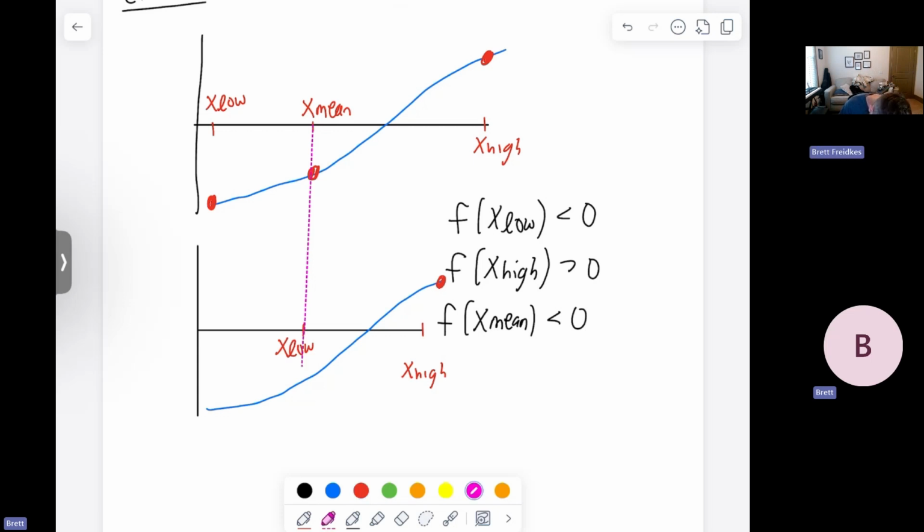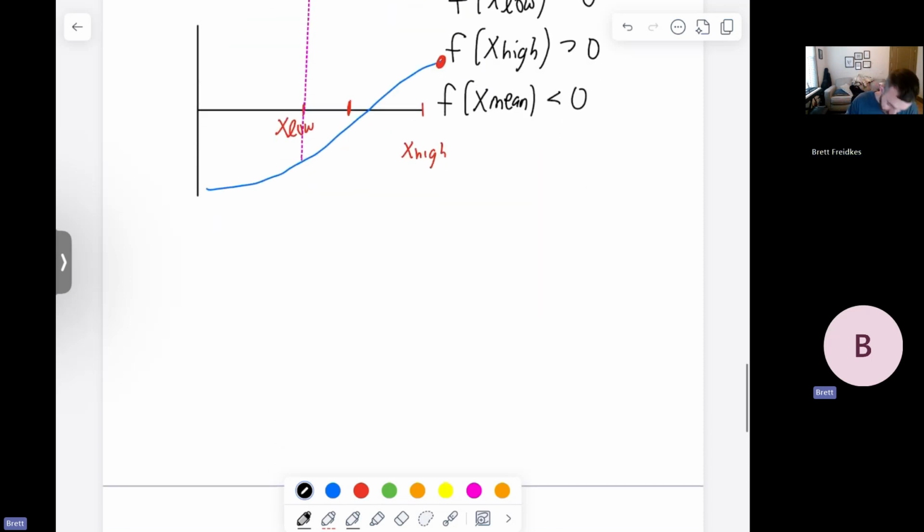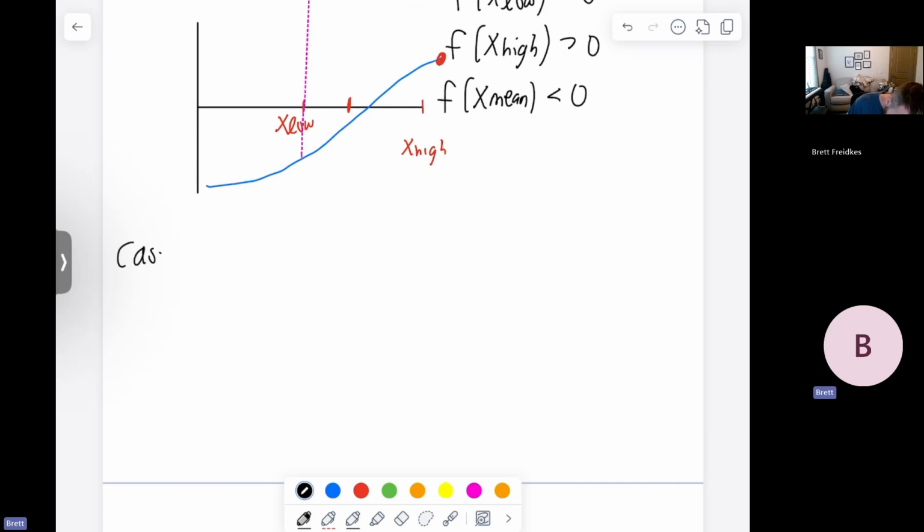So I will repeat the process now to find a new x mean, which will be maybe right here, and go again. So that's the case where we replace our old x low with a new x low.